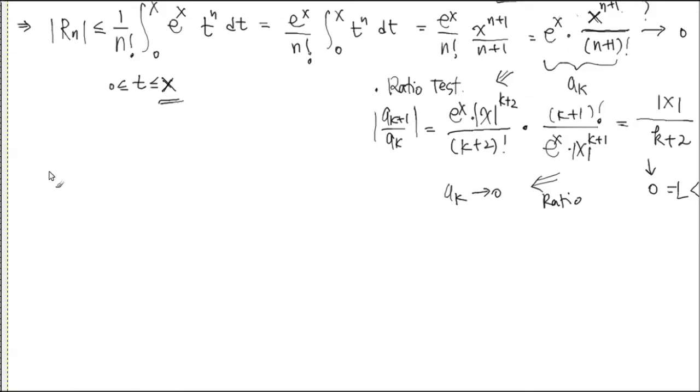So we show that, therefore, this three-dot symbol is an international symbol for therefore, as Rn, absolute value, is less than e to the x times x to the n plus 1 divided by n plus 1 factorial, and we just showed using the ratio test that this approaches 0 as n approaches infinity. Therefore, Rn approaches 0.